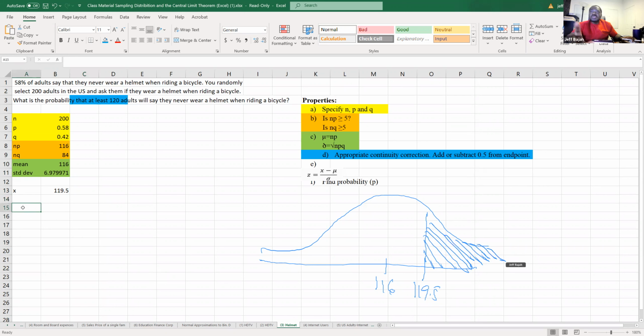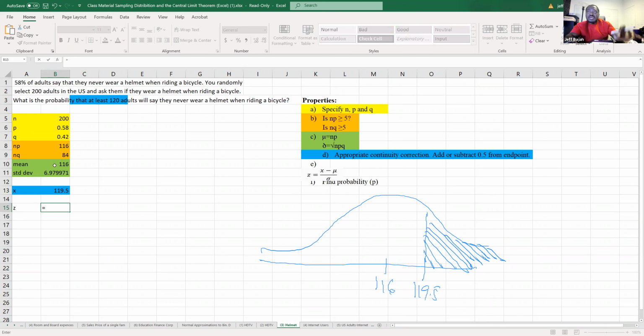And so once we do that, we can now find our z value. Because now that we've corrected that, we can go ahead and find our z value. So our z value will now be equal to our x value minus our mean. And we can even do standardize here.